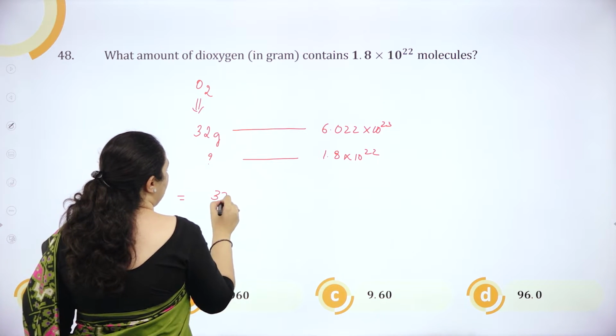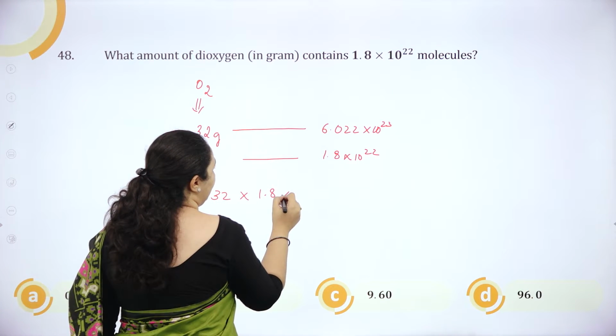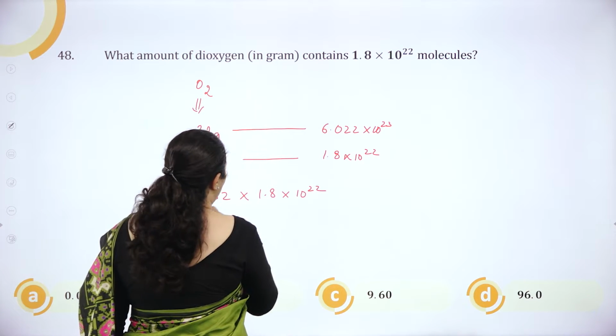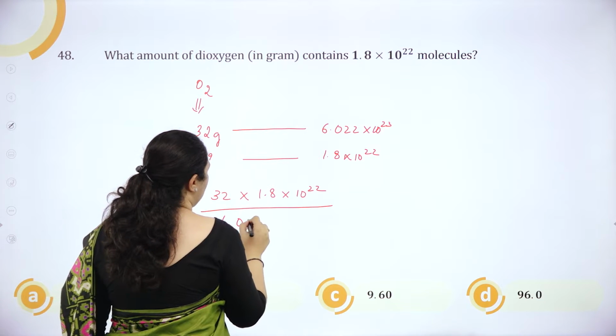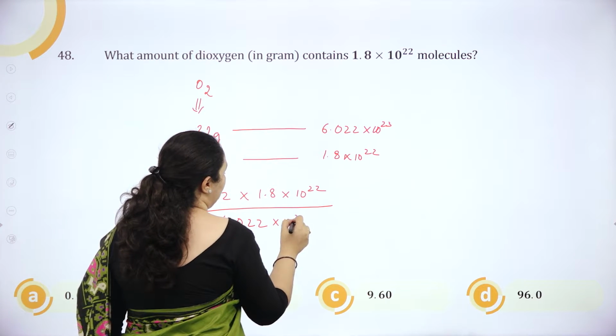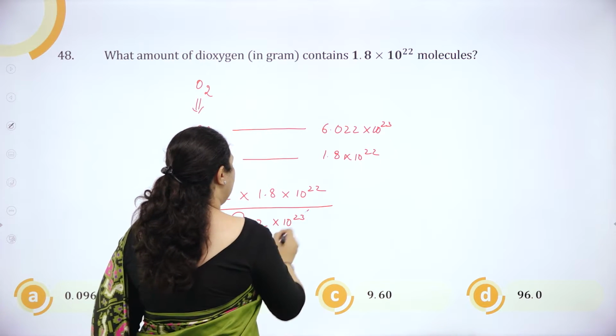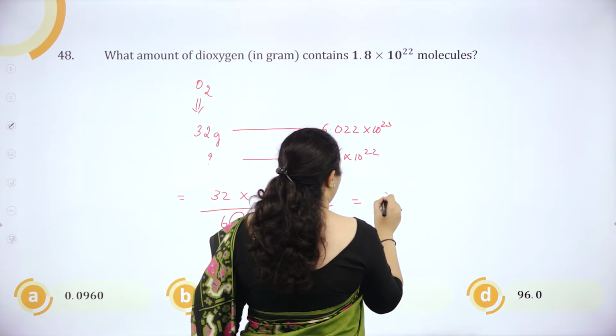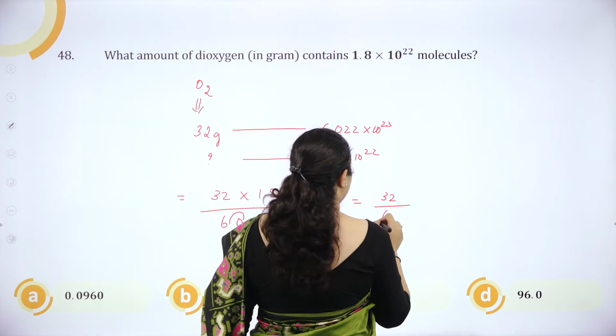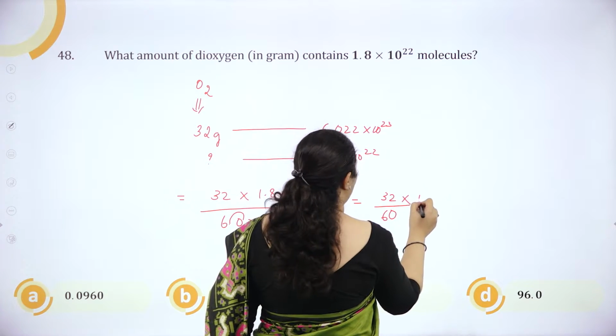So it is 32 into 1.8 into 10 to the power 22 divided by 6.022 into 10 to the power 23. So I'll move the decimal point, this will become 22 and it will get cancelled. So what will remain is 32 divided by 60 into 1.8.